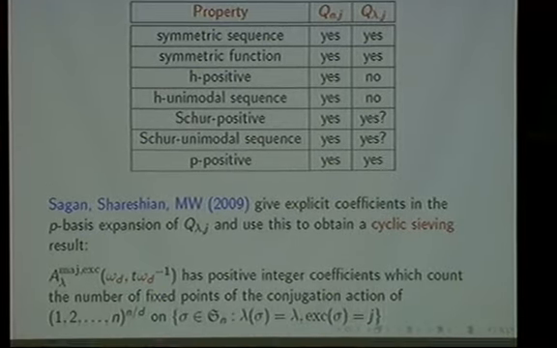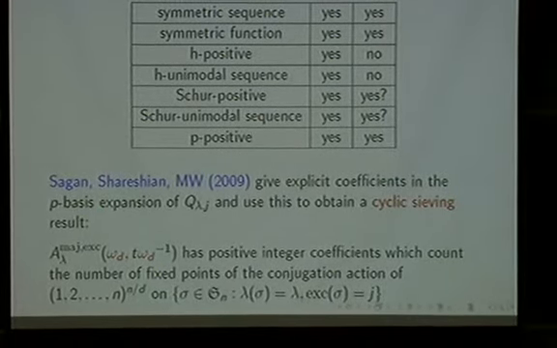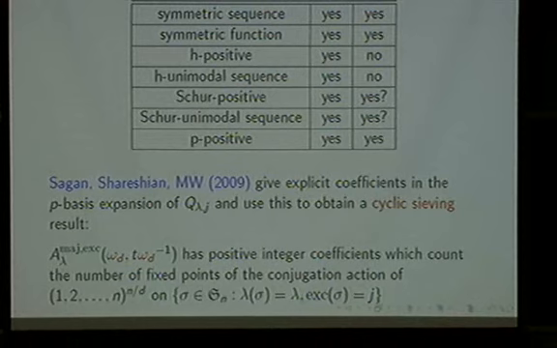When you replace q by a primitive root of unity, so this goes back to Bruce's talk, you get a polynomial in t with positive integer coefficients, which I think is interesting in itself, that you get integer coefficients when you replace it with a complex number. But it's counting something, and what it counts is a very natural group action. It's counting the number of fixed points when you conjugate with this permutation, this cycle raised to the power n over d.